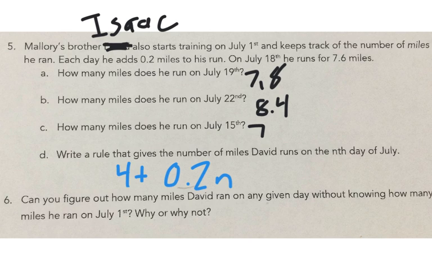Okay, so your goal was to figure out how many he ran on day 1. You knew he had increased by 0.2 miles 18 times because he was on his 18th day. So 0.2 times 18, and then you subtracted that from 7.6 to find his starting number.